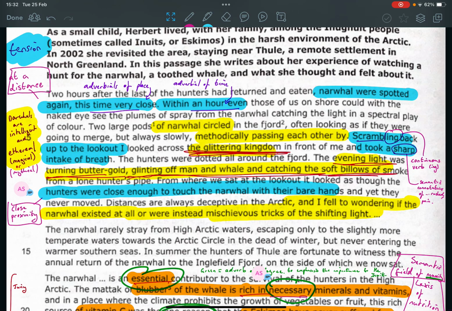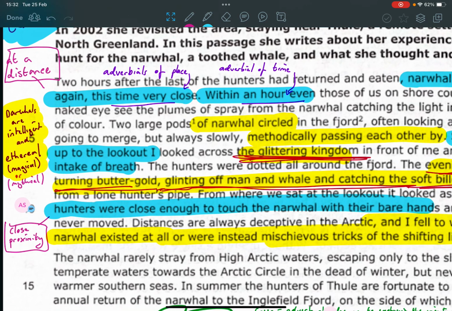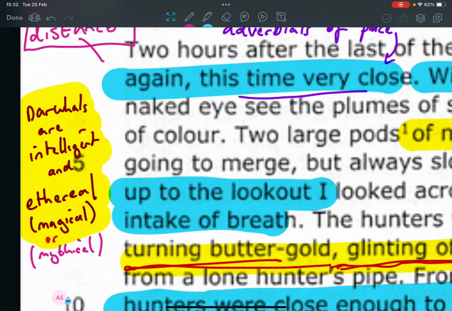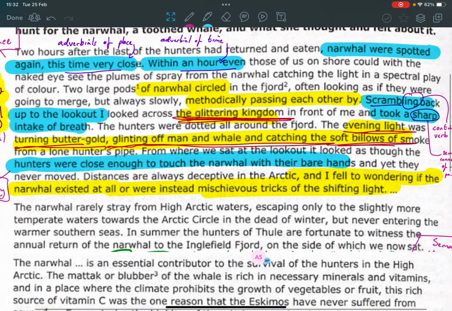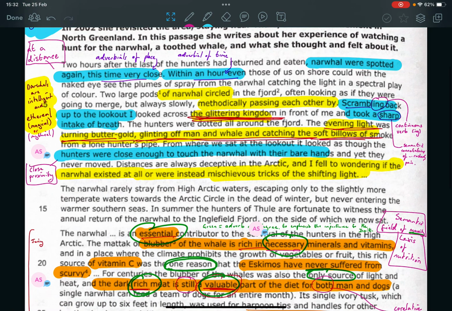And then in yellow, I've got that the narwhals are intelligent and ethereal or magical or mythical creatures. So look at this. "The narwhal circled, methodically passing each other by." So "methodically," the idea that they are calculating in the way they move, that suggests an intelligence. "The glittering kingdom, the evening light turning butter gold, glinting off man and whale and catching the soft billows of smoke."